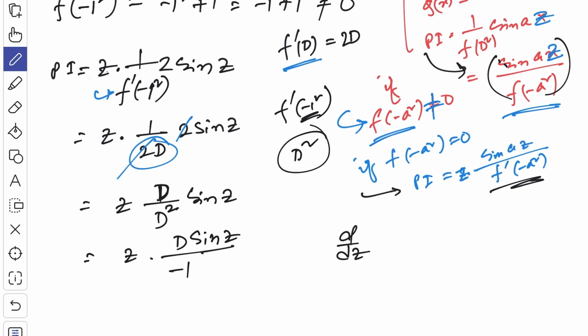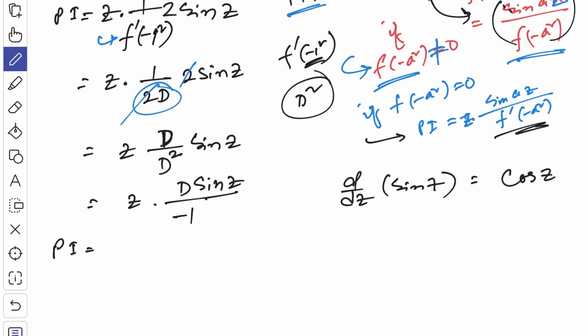D means d by dz, and d by dz of sine z is equal to cos z, right? So our PI is equal to minus z cos z. This minus comes because of this minus 1, so don't be confused.